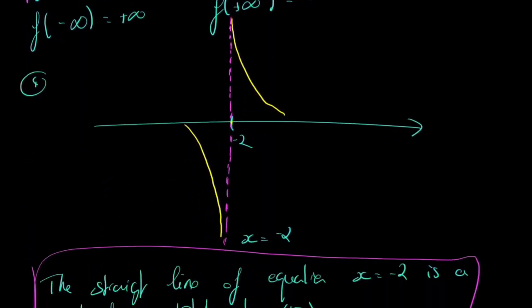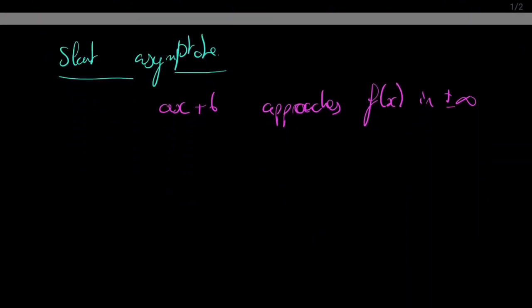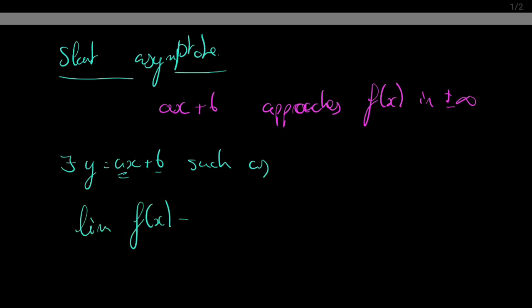And so how to prove that we are approaching a straight line? We prove that there is y is equal to ax plus b, and we will want to find a and b, such that the limit of f of x minus y of x in plus or minus the infinity is equal to 0.